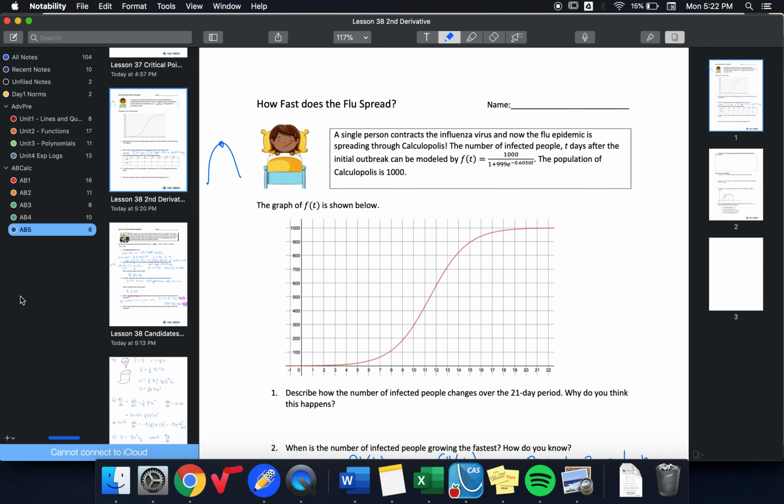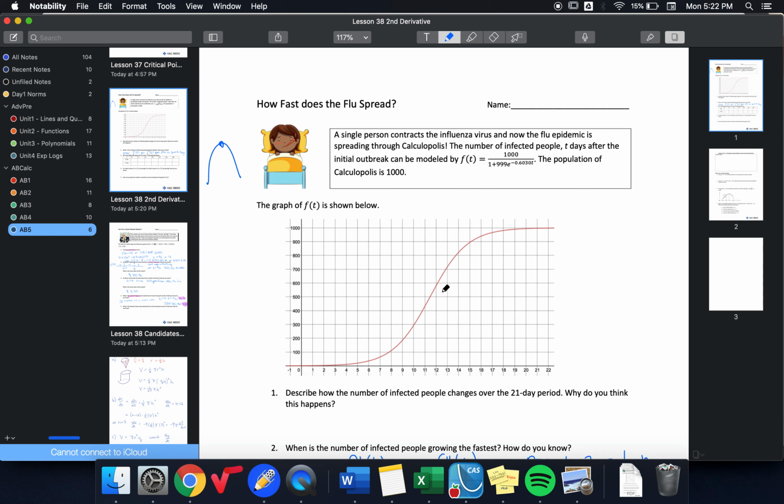Based on my original picture, I know that my first derivative is going to be positive, positive, positive, positive, positive, positive. So first derivative, constantly positive. My second derivative, though, is positive but slowing down and then increasing again.